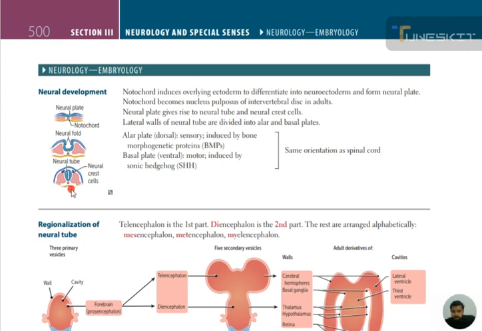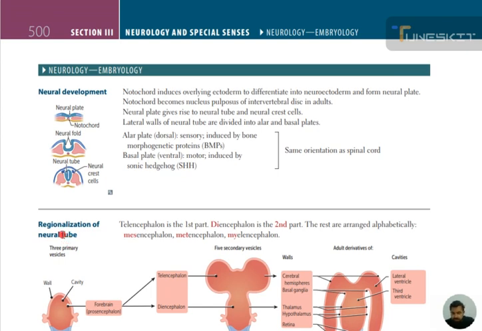The basal plates, which are on the ventral side, form the motor part, induced by sonic hedgehog. You can relate these sensory and motor parts to the spinal cord, where we discuss the dorsal root ganglia and the ventral root.